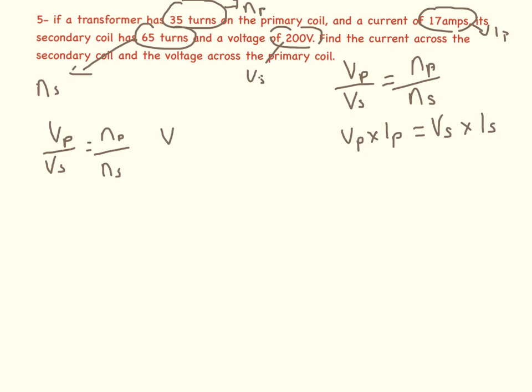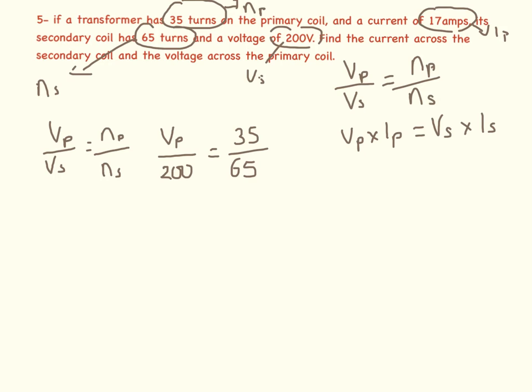Voltage across the primary coil, Vp over Vs, which is 200, equals Np, which is 35, divided by 65. So we need to do a little bit of maths here and a little bit of rearranging here. I always like to do my maths before I do my rearranging.